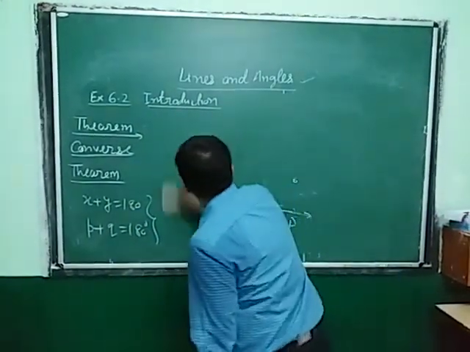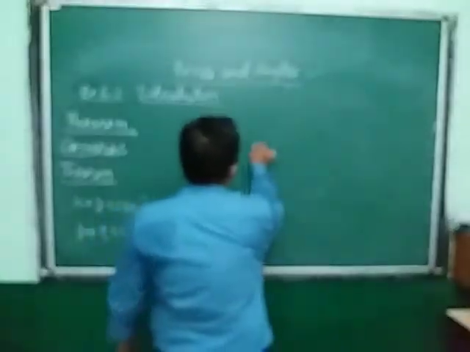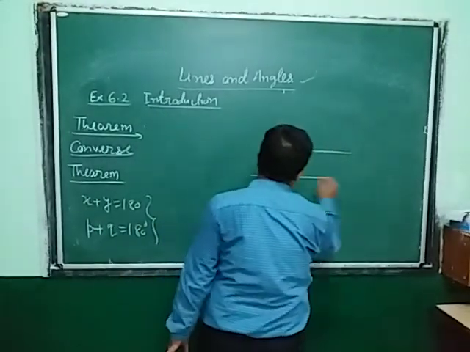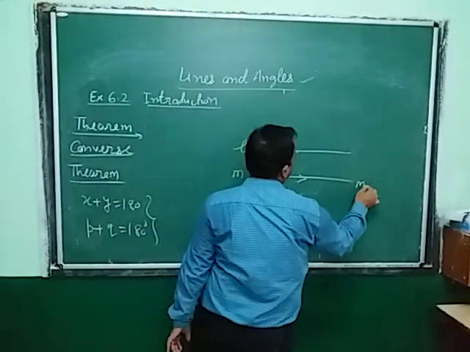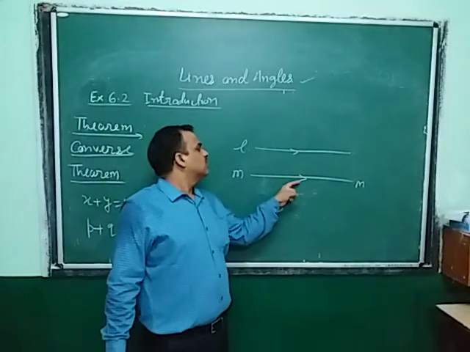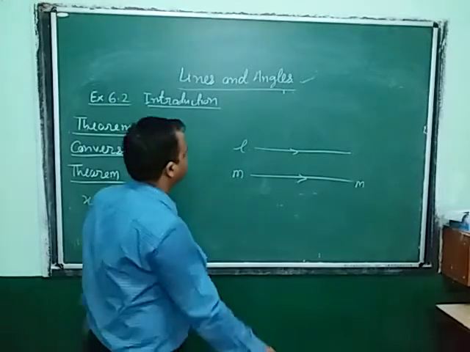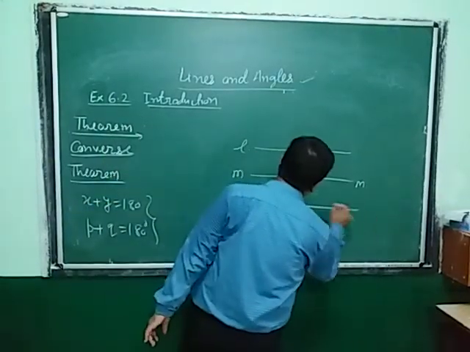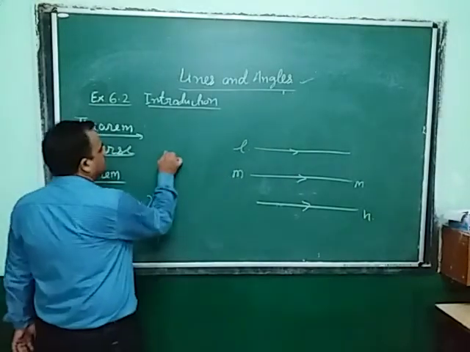And one more thing, if you have two lines, say l and m, and these two lines are parallel. Whenever we make this arrow sign, the meaning is that these two lines are parallel. And another line is parallel too. Look at this.